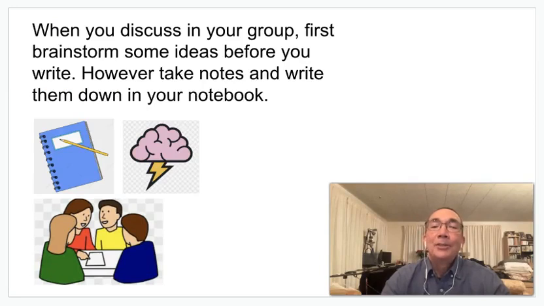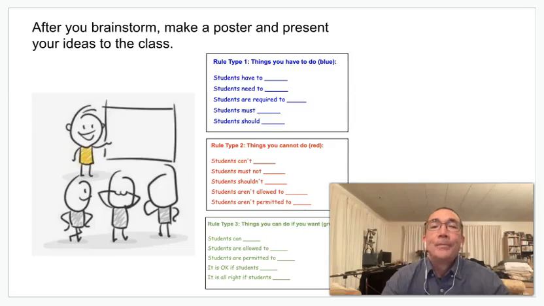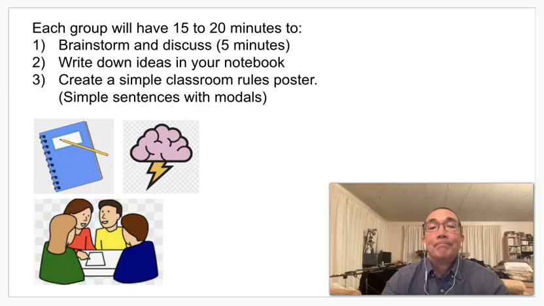When you discuss in your group, first brainstorm some ideas before you write. However, take notes and write them down in your notebook. After you brainstorm, make a poster and present your ideas to the class. Each group will have 15 to 20 minutes to brainstorm and discuss.